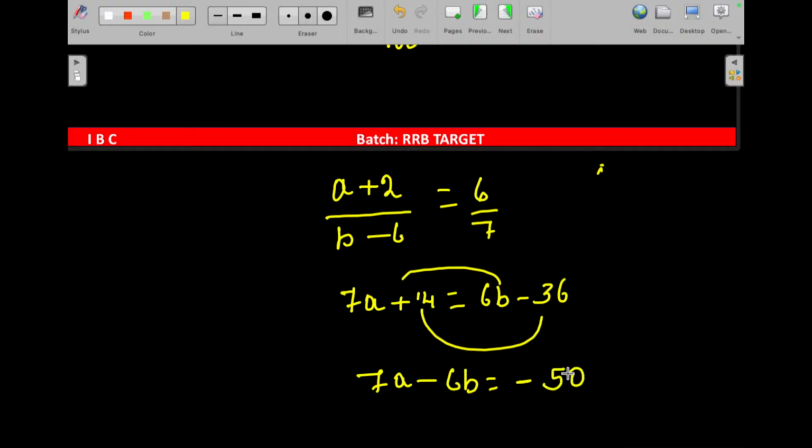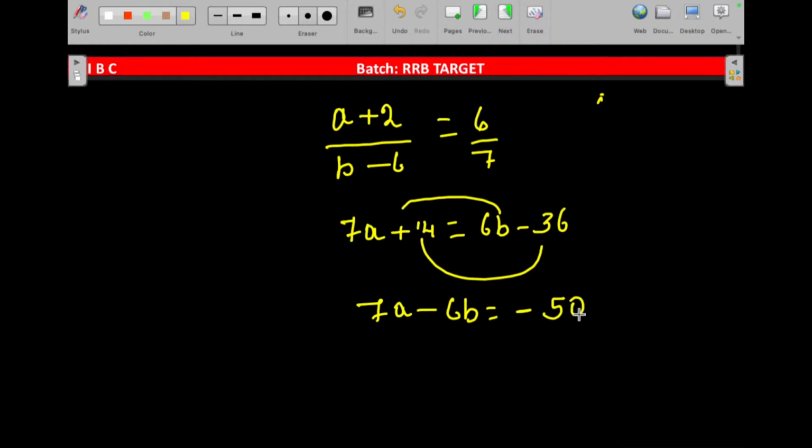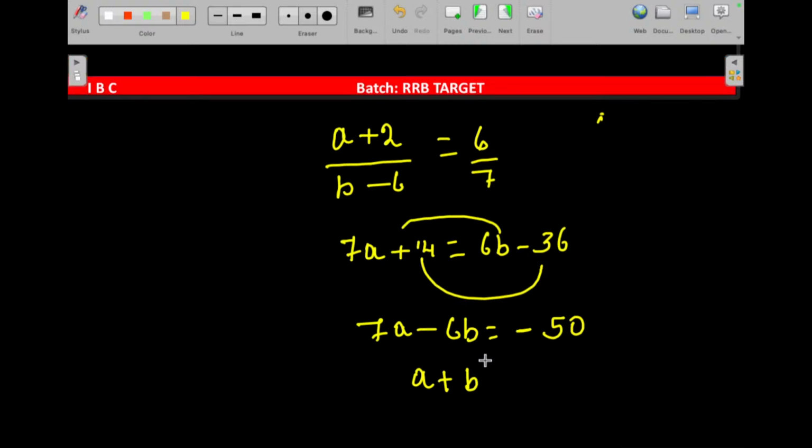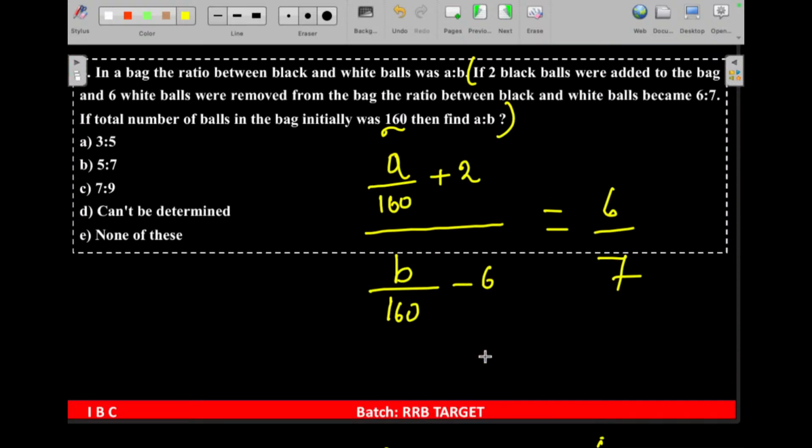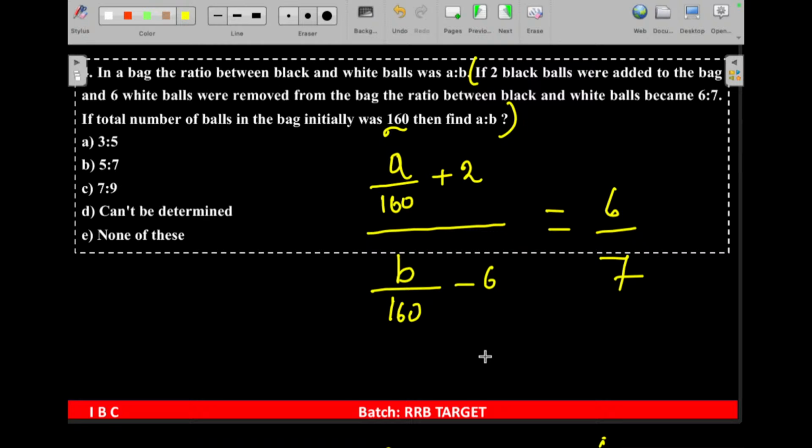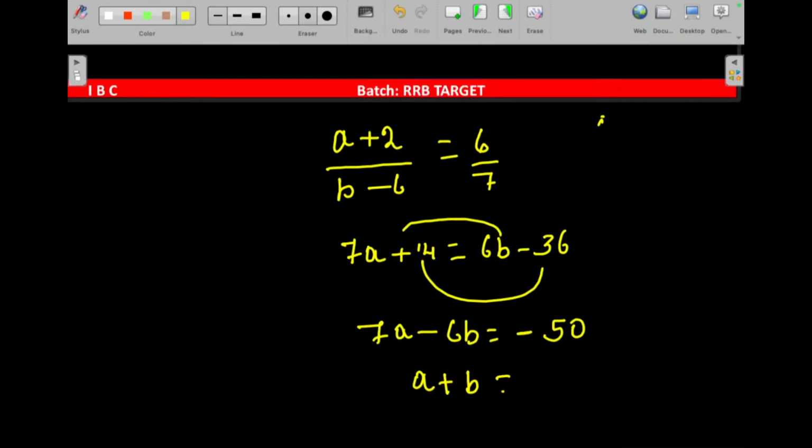I already have in the question A plus B is equal to 160.